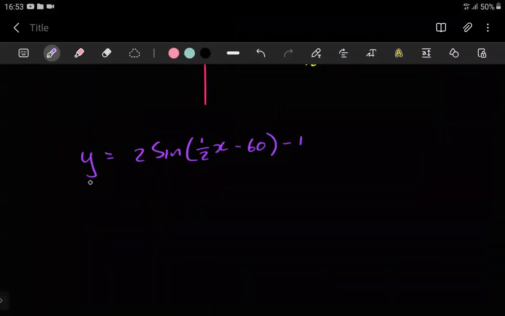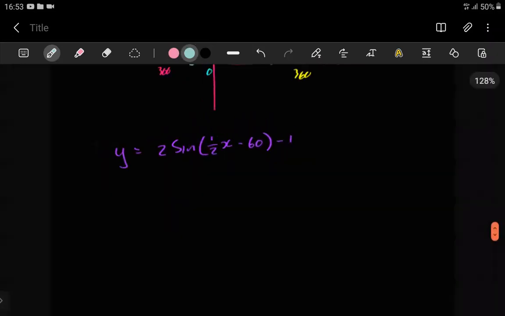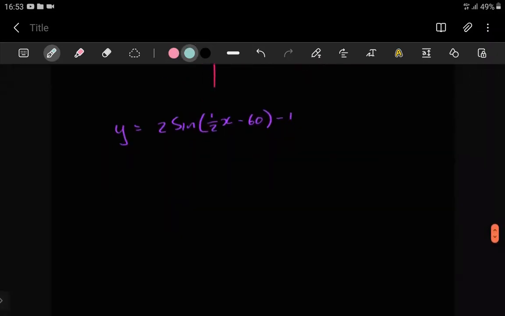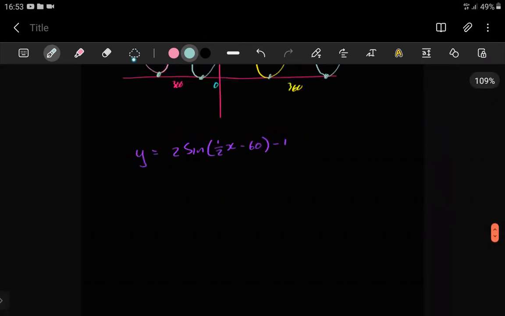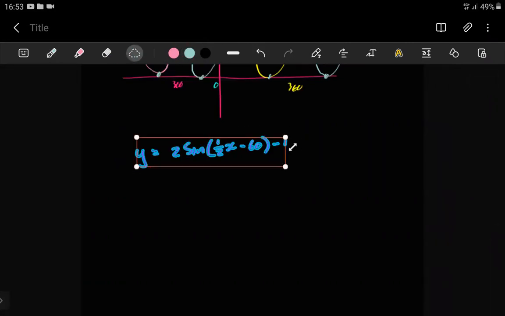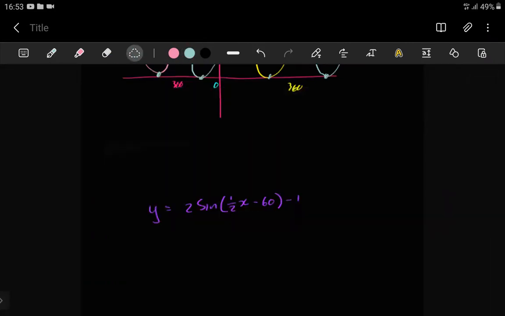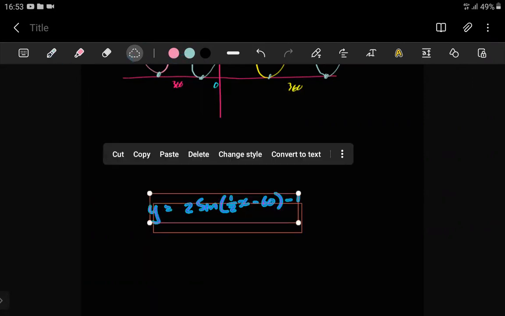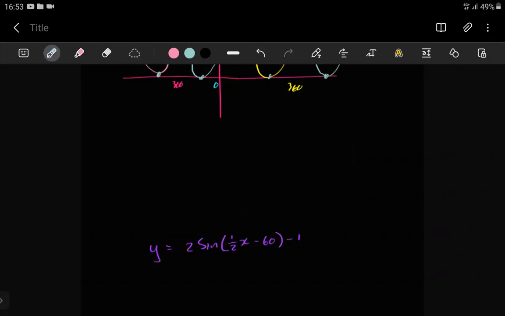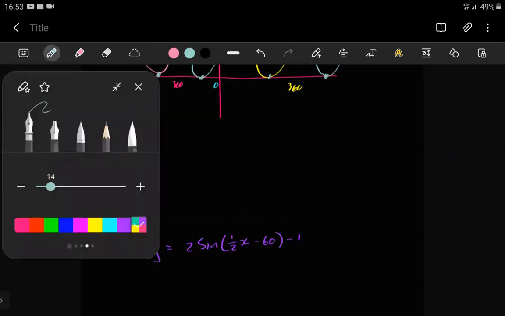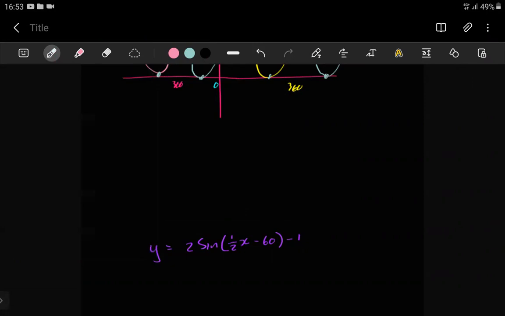So if you now have all this happening, it's just a matter of visualizing it based on a standard image. As long as you can remember what the standard image looks like, drawing other graphs is not always going to be a mission. Up here I want to write out a standard sine graph and then put its image.